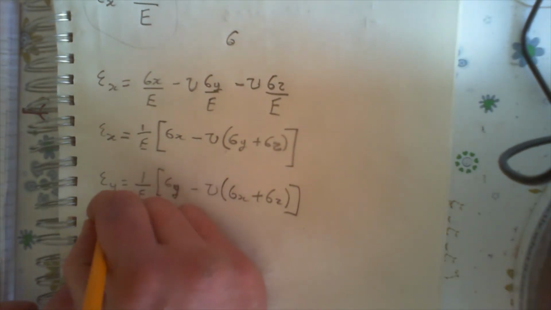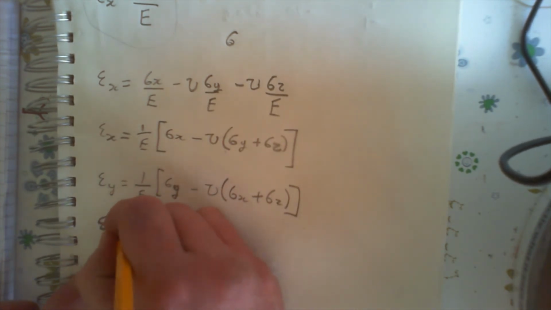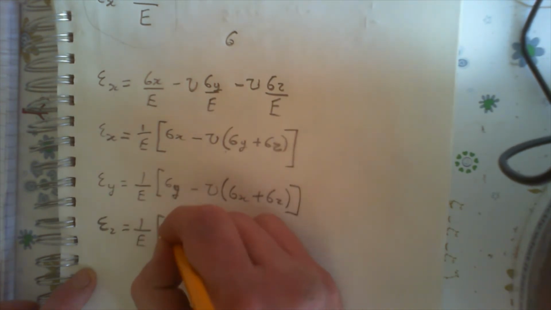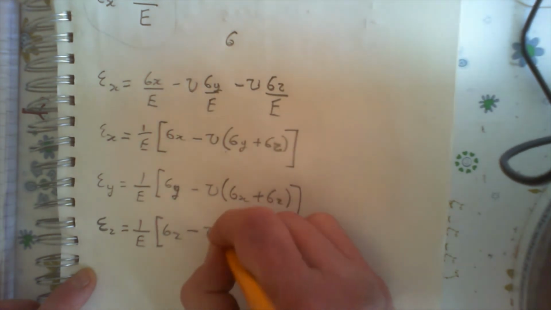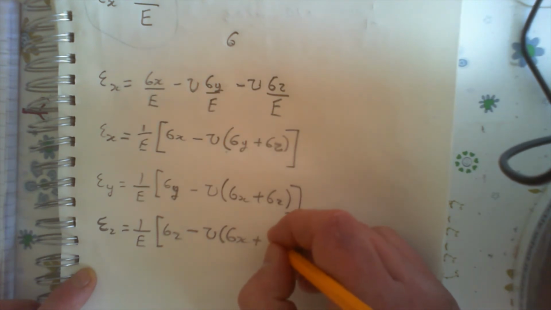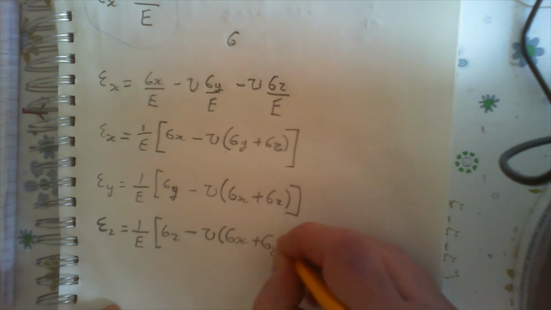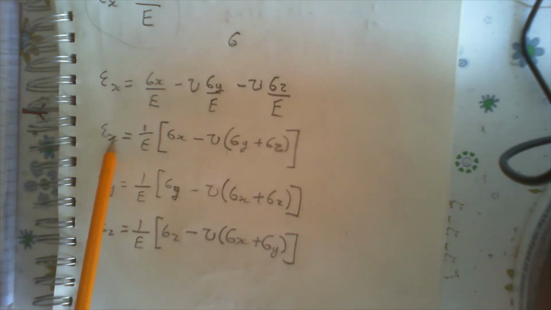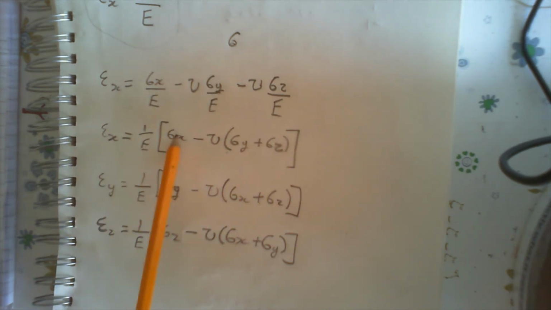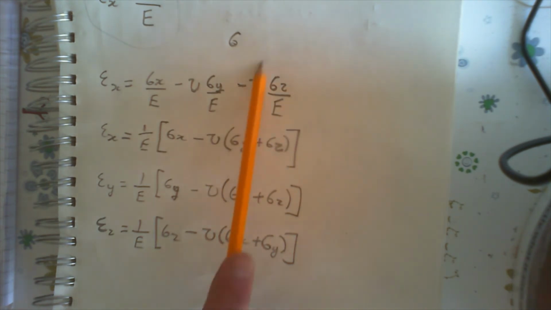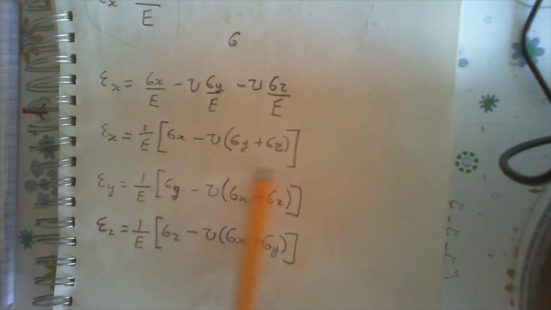And again, looking at the strain on the z axis, it's going to be... So what's happening there is we're looking to find the strain in the x direction, we're looking at the stress, then we're subtracting Poisson's ratio times the sum of the stresses in the lateral directions in reference.